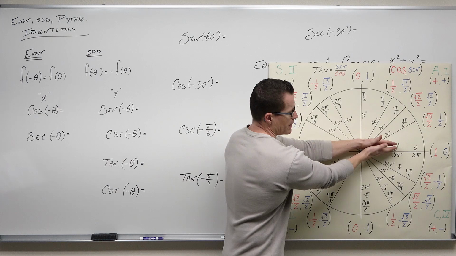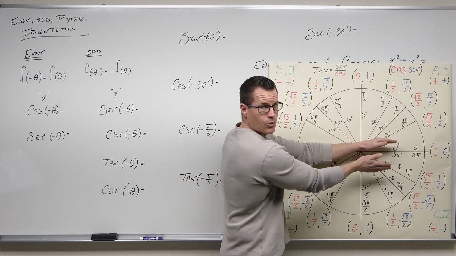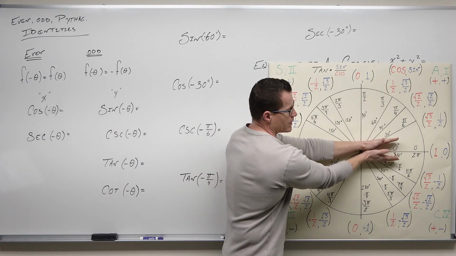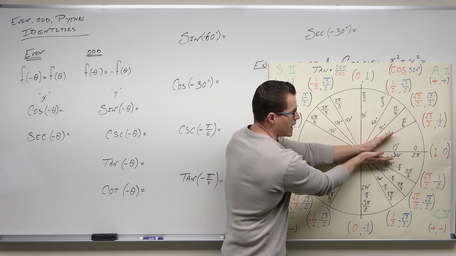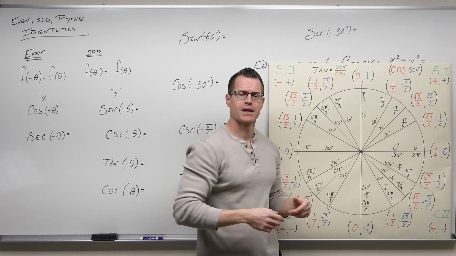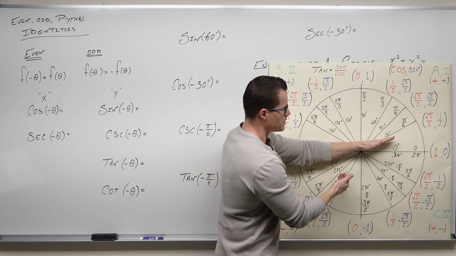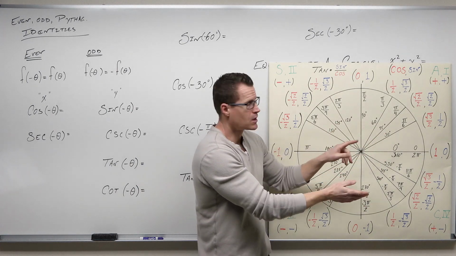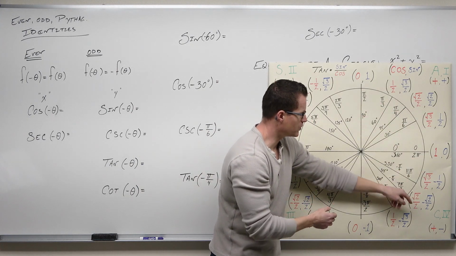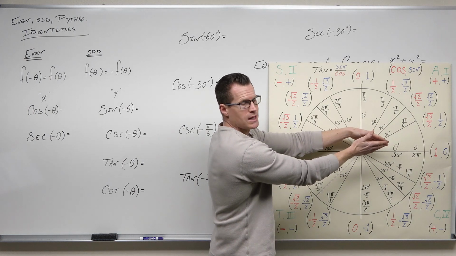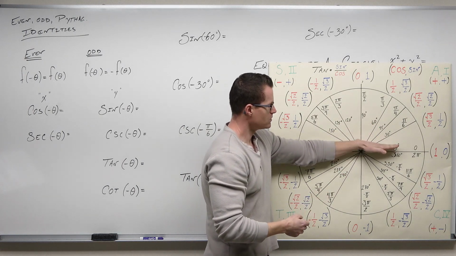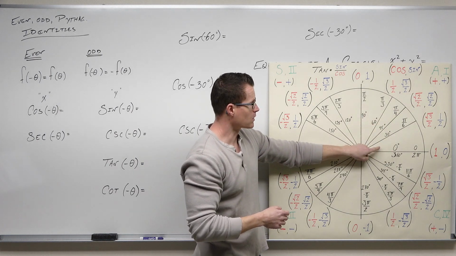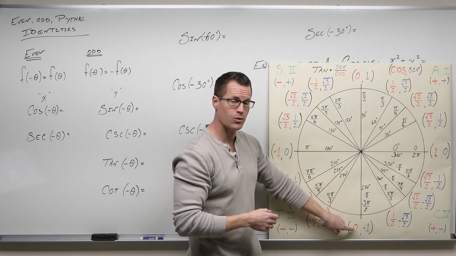Wait a minute. We had opposite angles, one's positive, one's negative, counterclockwise and clockwise respectively. We had opposite angles, opposite inputs, and equal outputs. Does that continue? Here's pi over 4, negative pi over 4. Opposite angles are giving us equal outputs. Let's go to pi over 2 and negative pi over 2. Opposite angles are giving us equal outputs.